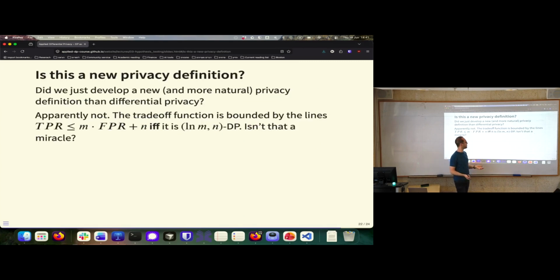And it just so happens that this is exactly the definition of differential privacy, just choosing the straight line definition. Bounding the true positive rate by a linear function of the false positive rate, which has some slope and some intersection, is exactly the definition of privacy, where epsilon is the log of the slope and the intersection is the delta.